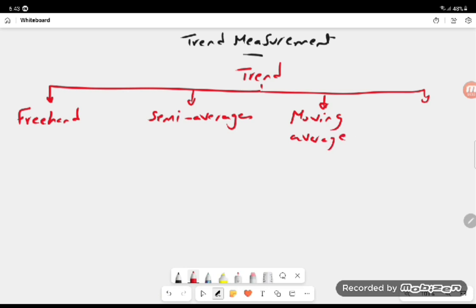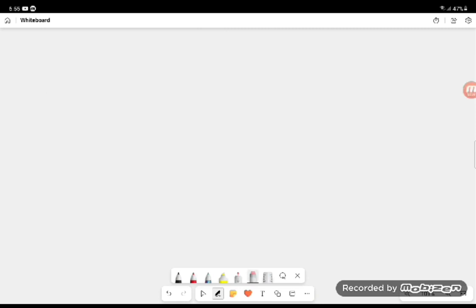And finally, number four, least squares method. So we would like to know how to calculate or to measure or to use each one of them and the main advantages and disadvantages of each one of them. Let's start with number one, or the freehand or graphic method.